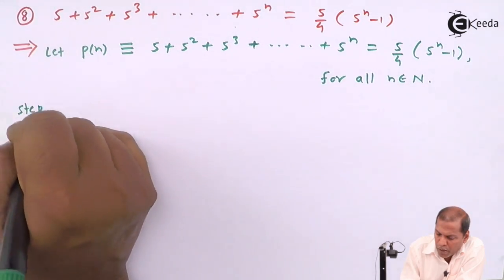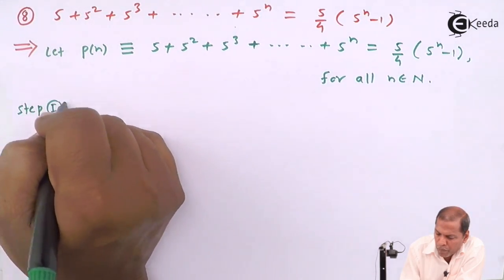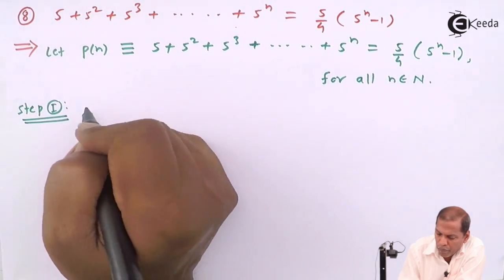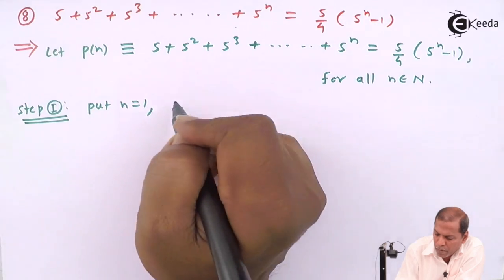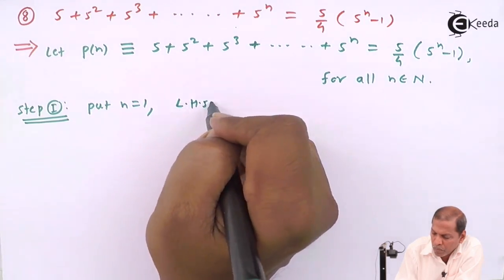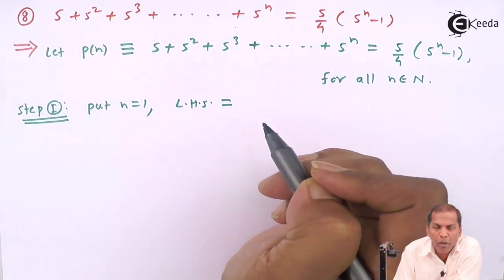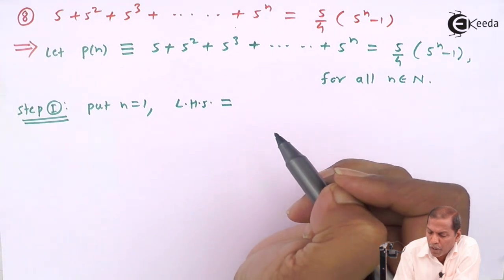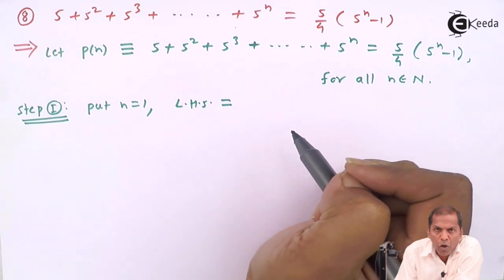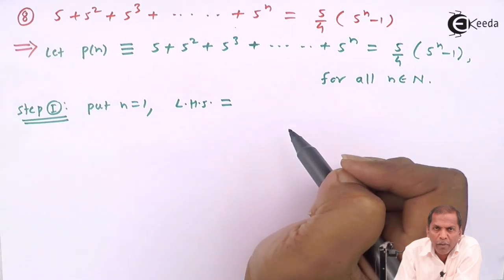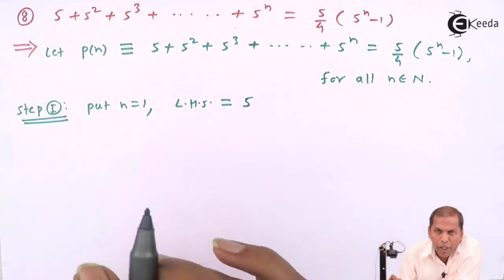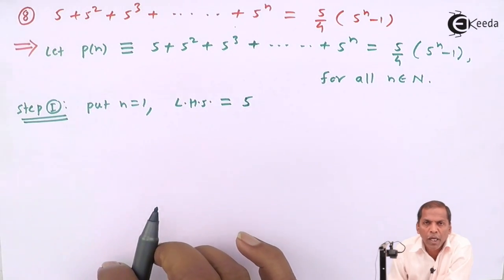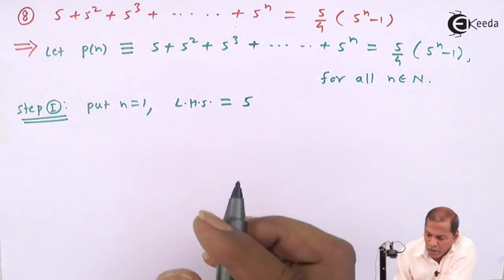Now we consider step number 1. Put n equal to 1. Now the left hand side is the first term on the LHS of statement P(n), and that is 5. So the left hand side is 5.